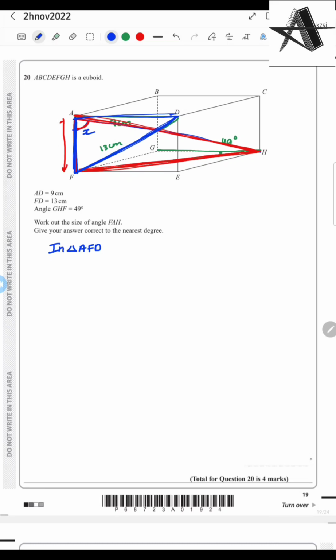This is a right triangle, definitely. AD is 9 centimeters and FD is 13. So applying Pythagoras, I'll get AF is equal to root of FD squared minus AD squared.